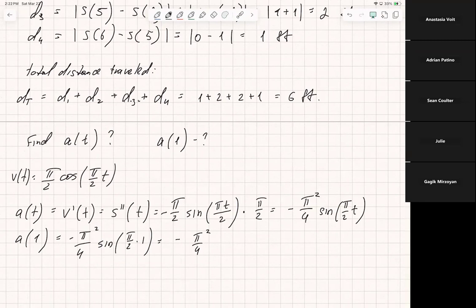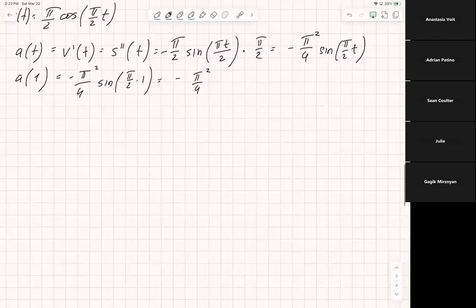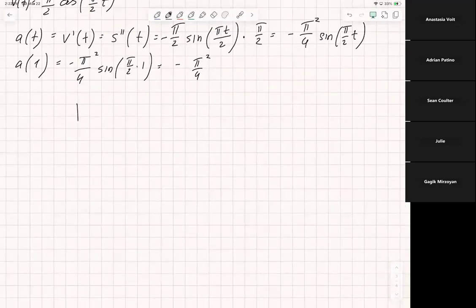All right, and now let me see. Right, so now we need to graph the position, velocity, and acceleration function all on one graph for the first 6 seconds. Okay, so let me draw.